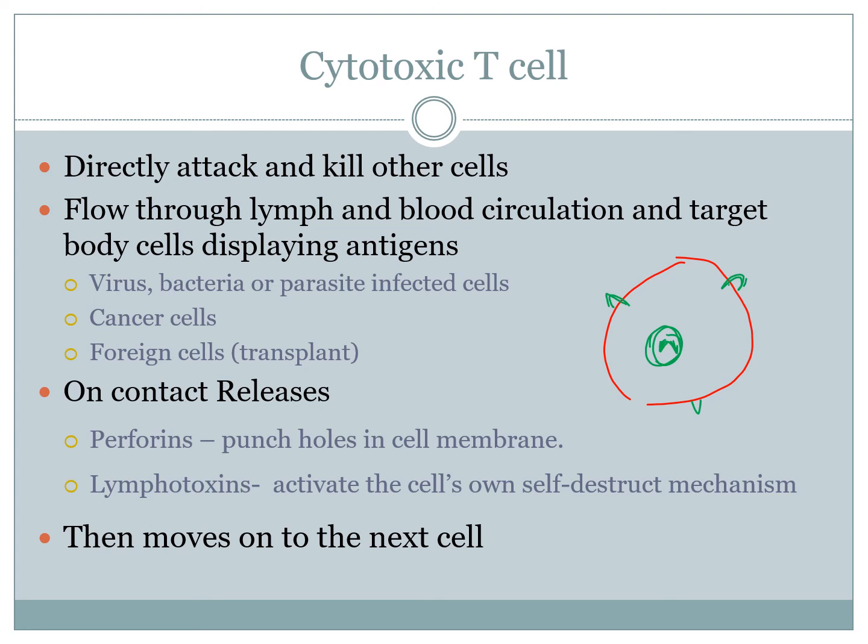The way it works is the cytotoxic T cell will come along, it will land on the outside of the cell where it's found the antigen, and it will punch a hole straight into it using perforins. Perforins will punch a hole straight in the cellular membrane, and from there it will inject lymphotoxins straight into the cell, and that will cause the cell to activate lysosomes to self-destruct.